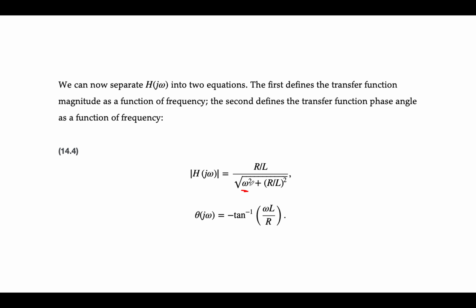Eventually, when omega is much, much greater than R over L, omega dominates the denominator, and the magnitude of the transfer function approaches 0. So we can see mathematically what's happening with our transfer function.